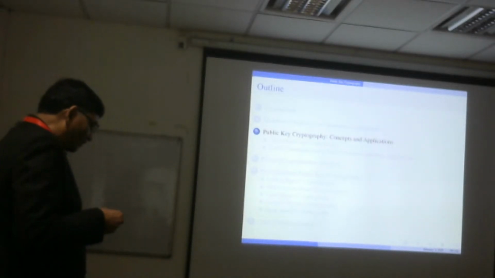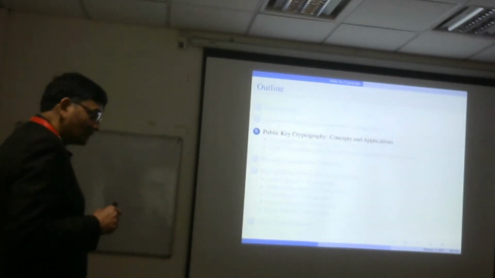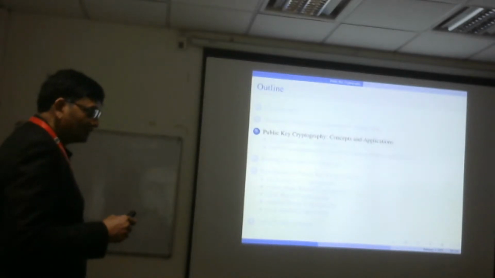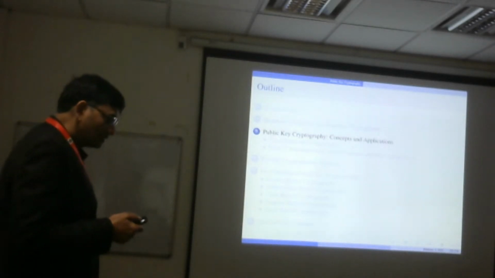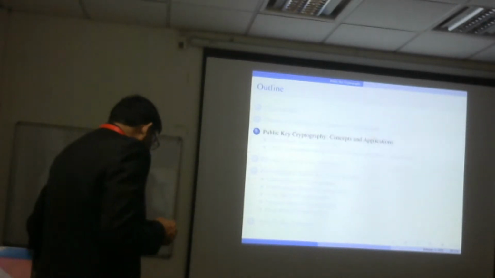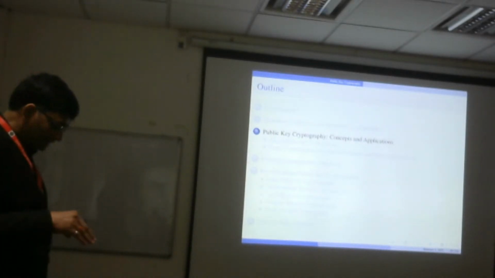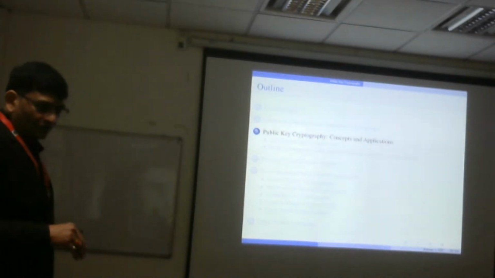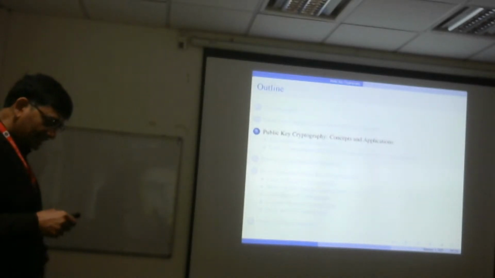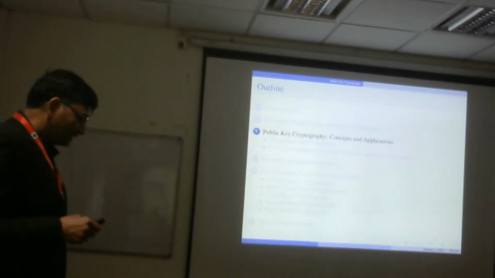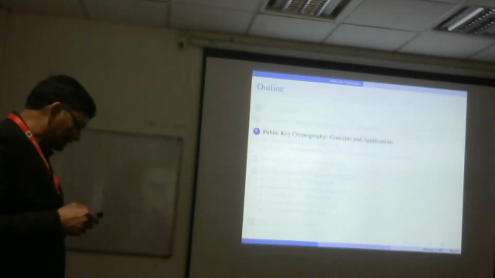Now we are coming to public key cryptography, and then we will discuss how the quantum computer is making a breakthrough in the area of public key cryptography.